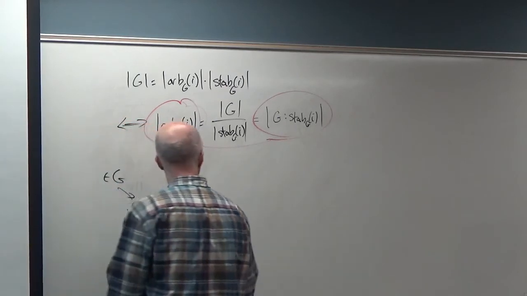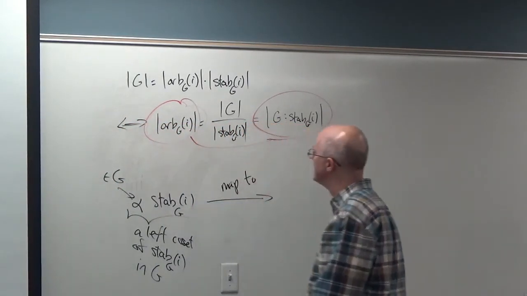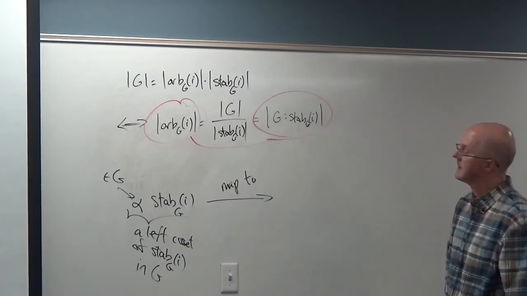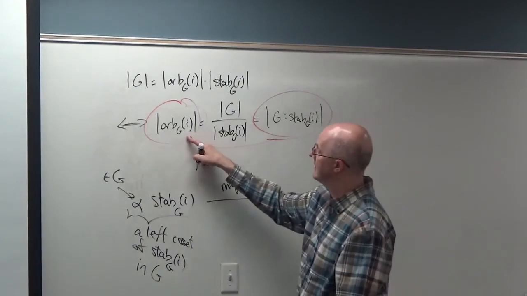Take that arbitrary element and map to something in the orbit of I under G.